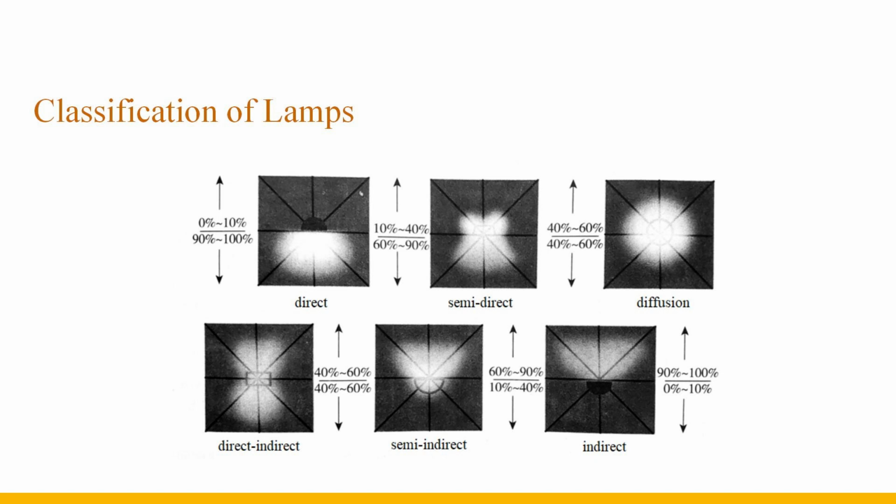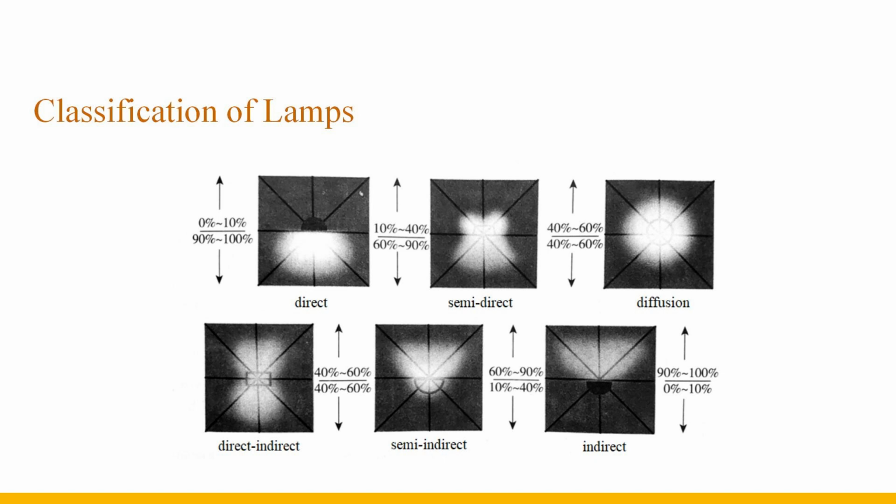Semi-direct lamps emit 60% to 90% of the luminous flux downward, and use translucent materials or slits on the upper part of the opaque lampshade.